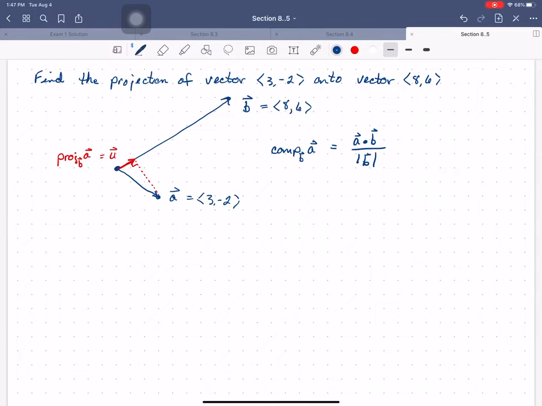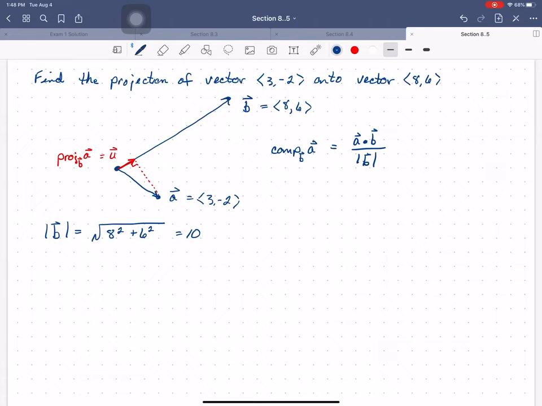So we need to find the magnitude of B. All right, so the magnitude of vector B, remember, is the square root of the x component squared plus the y component squared. In other words, it's the distance from the origin to the endpoint. So that is 64 plus 36. That's the square root of 100, so that is 10.